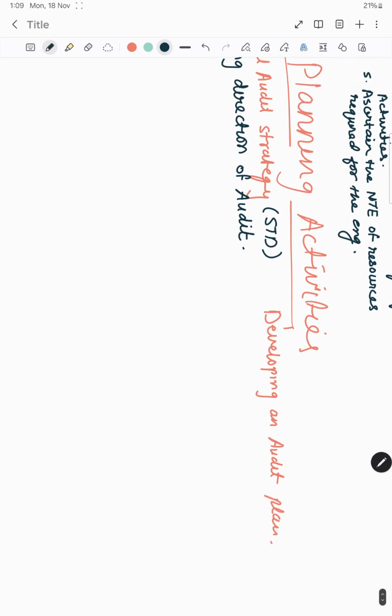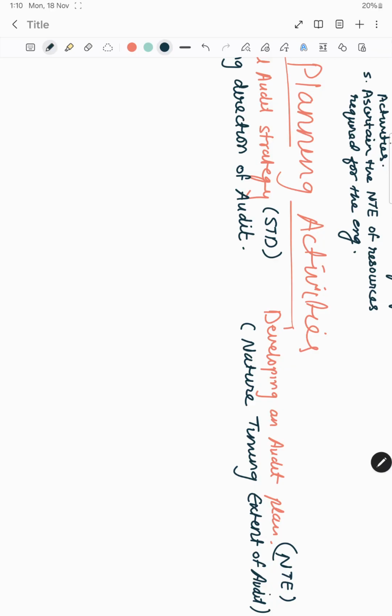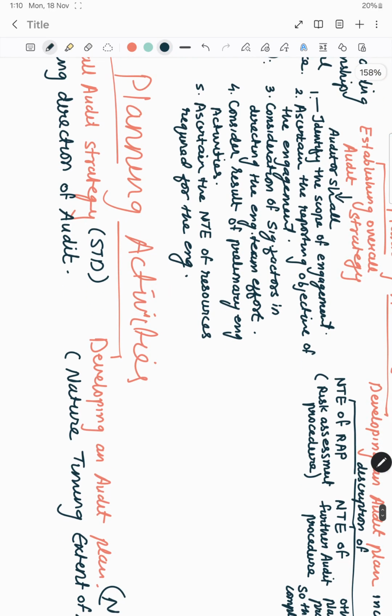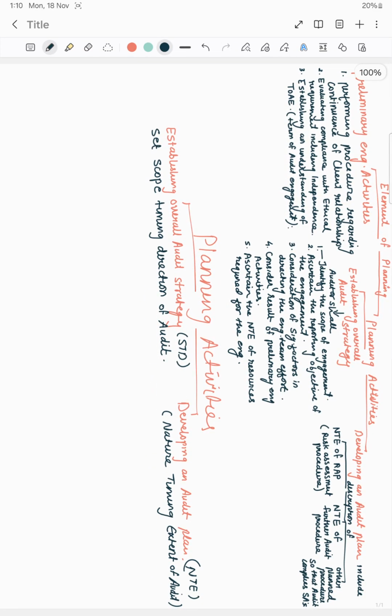And developing an audit plan includes nature, timing, and extent of audit, which we will write as NTE in short. Okay, which we have already written over here. See, nature, timing, and extent of risk assessment procedure.